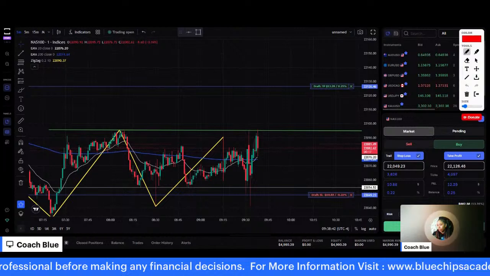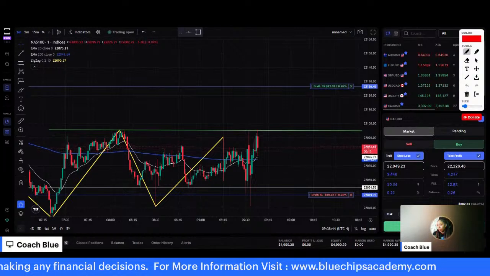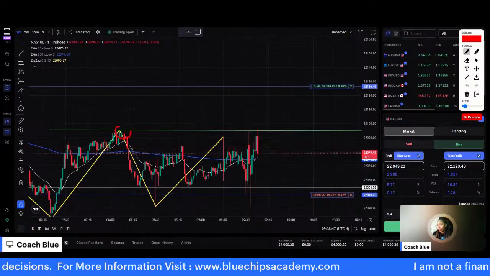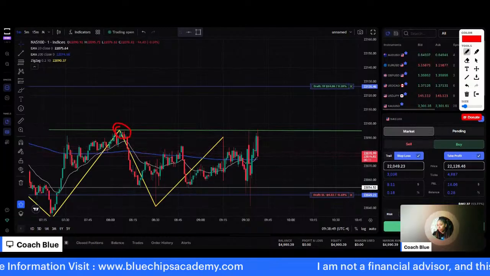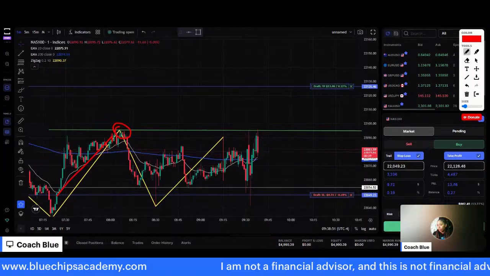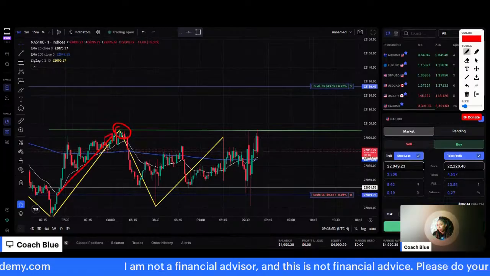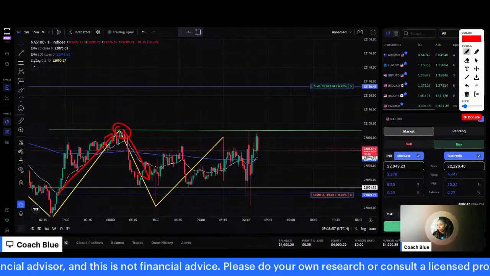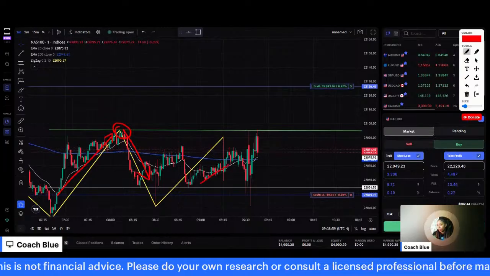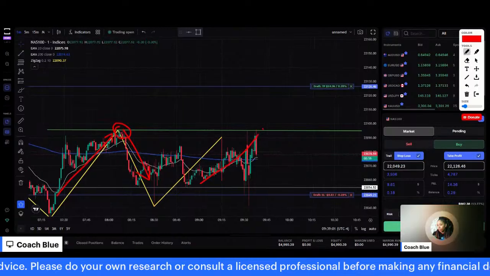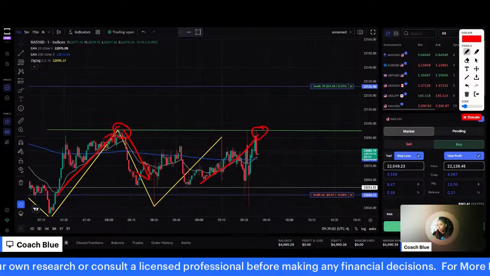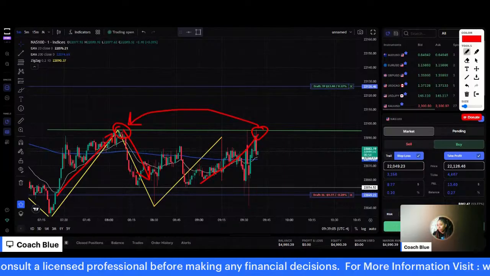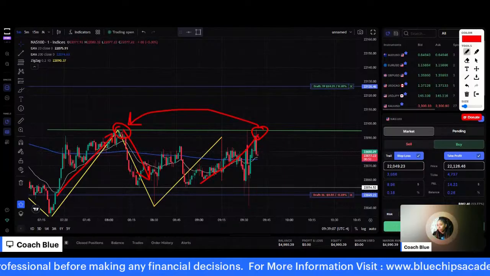This is why you always look to the left to see what has happened in this area. Look to the left. What happened? When price came up to this area here, this is our ceiling. Remember, we talked about our ceiling. What happened? It went down. Price is reapproaching our ceiling again at this same exact level. And what do we see?